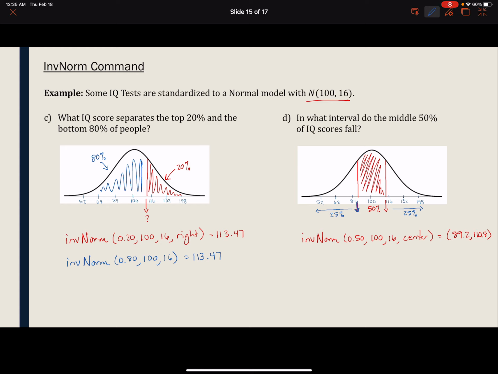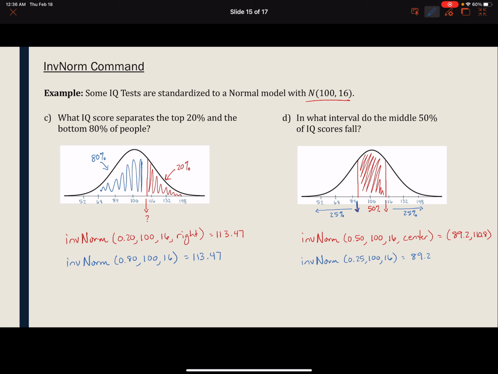So I'm going to have to use two different commands here. I'm going to find this first 89.2 by doing inverse norm using 0.25, 100, 16, because that's the value that separates the left 25%. And that's how you'll get the 89.2.